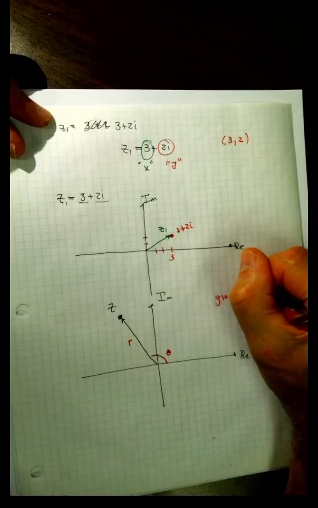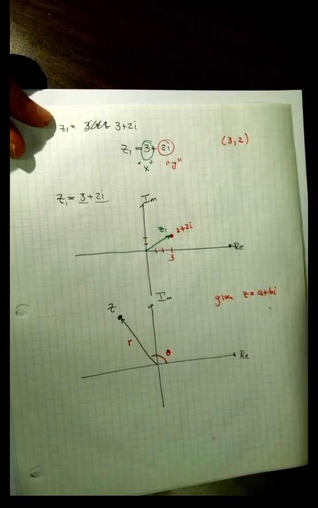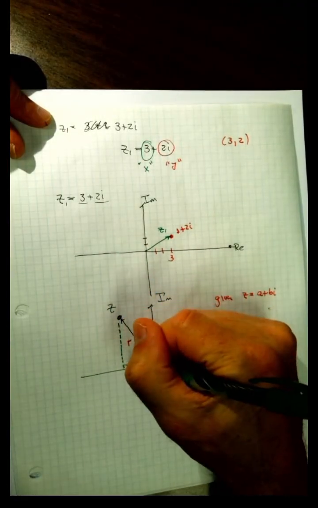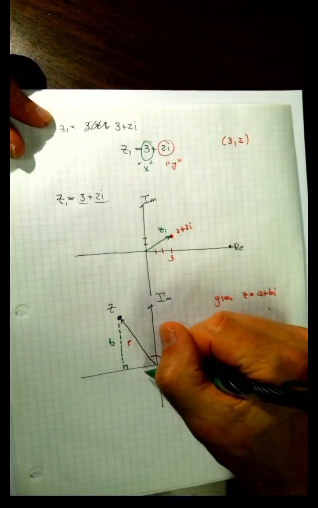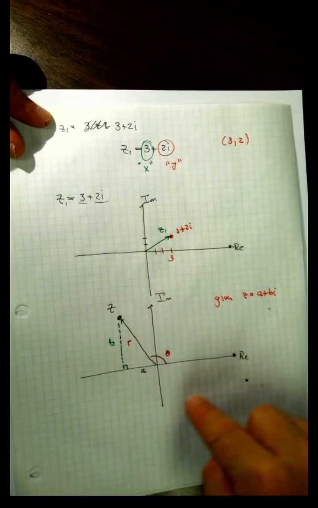So if I'm given that z equals a plus bi, I would like to know what's the relationship between r and theta. Well, notice if I draw a vertical line there, I'm going to form a triangle. That's b and that's a. And so what do we have? You can think of this as a point on a circle of radius r.